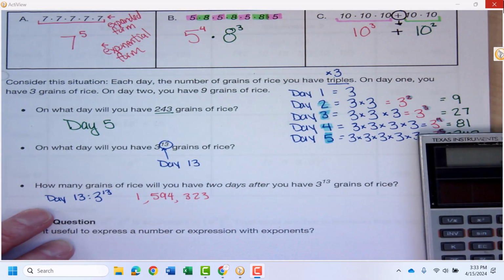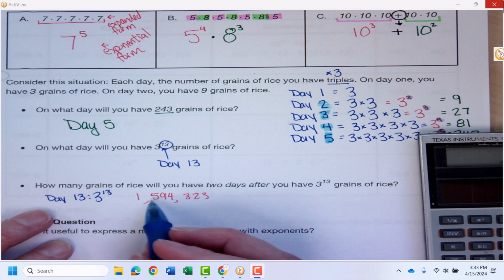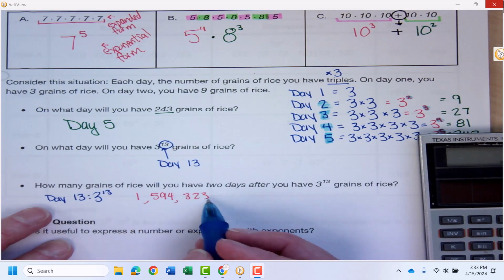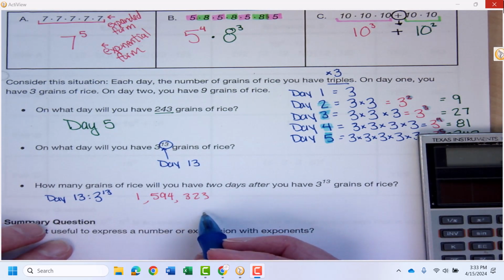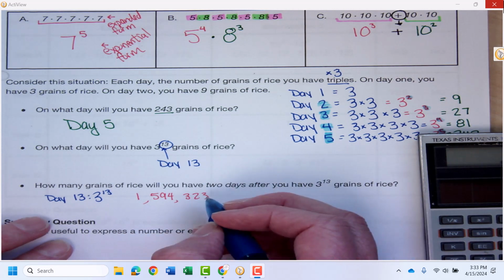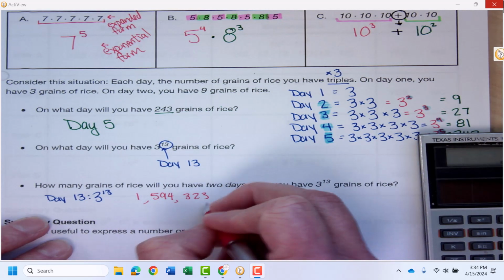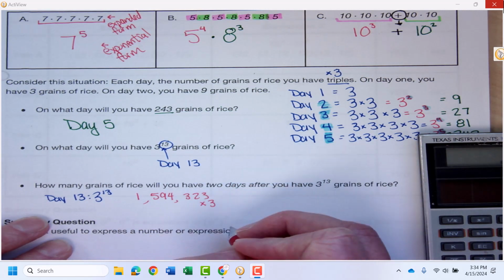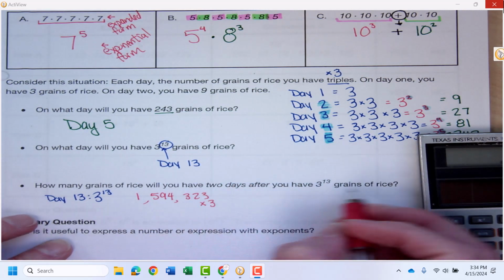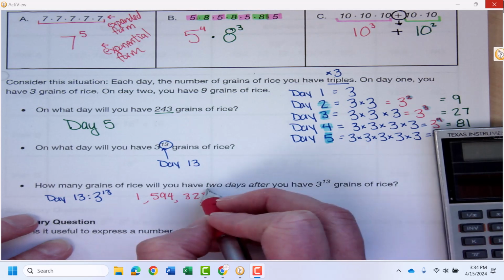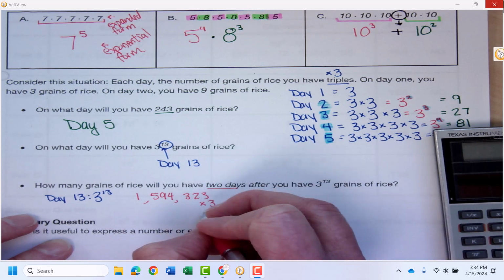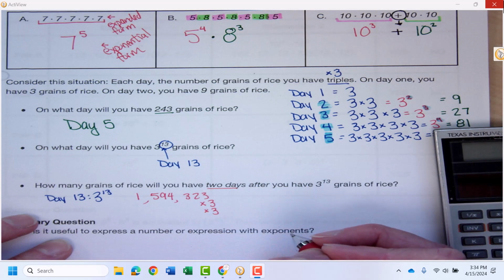And let's think for just a moment about what we're going to do to that number to get to day 15. Well, for day 14, we're going to triple it. So we'll take that number and multiply it by 3. And to get to day 15, which is what we're aiming for, that's 2 days after, I'm going to multiply it by 3 again.